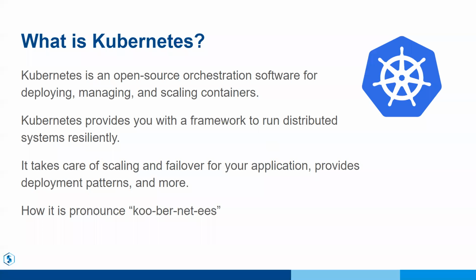The nice thing is that it provides a framework to run distributed systems resiliently, and it takes care of scaling and failover for your applications. And one of the biggest things I found out is that people sometimes don't know how to pronounce Kubernetes, so I added this small pronunciation help right here.